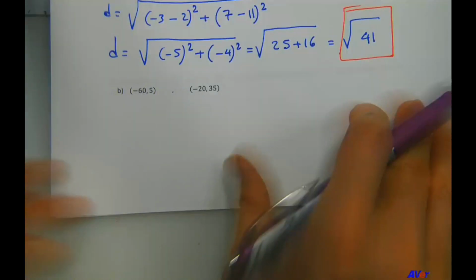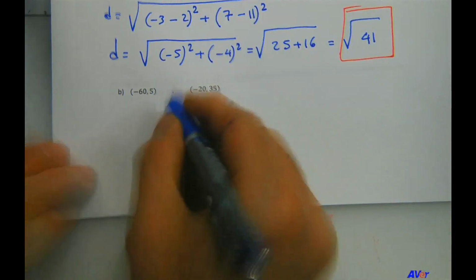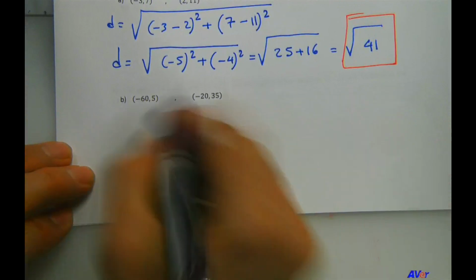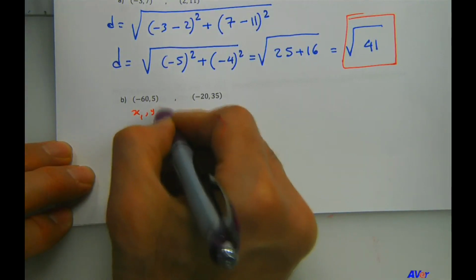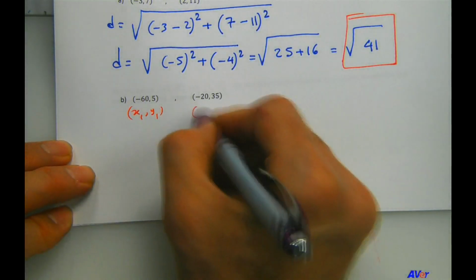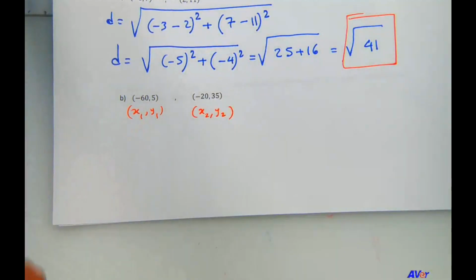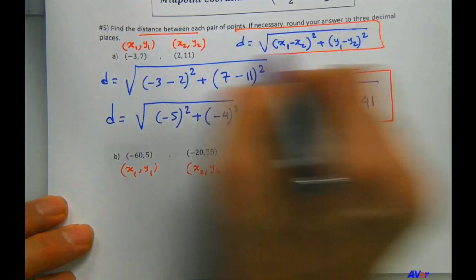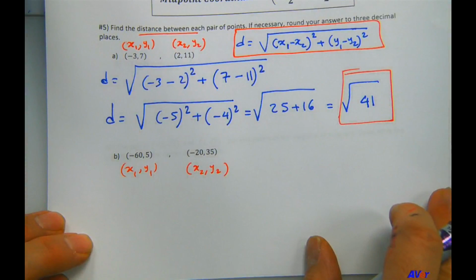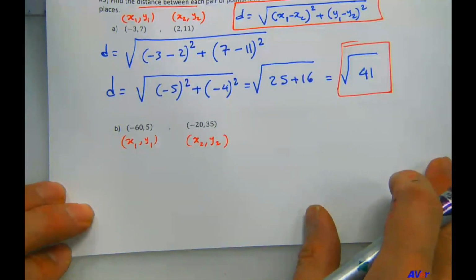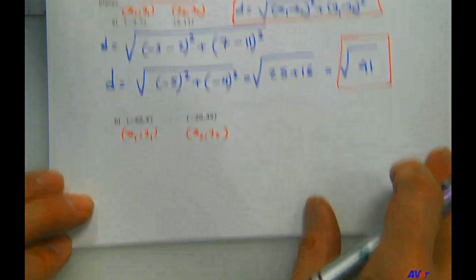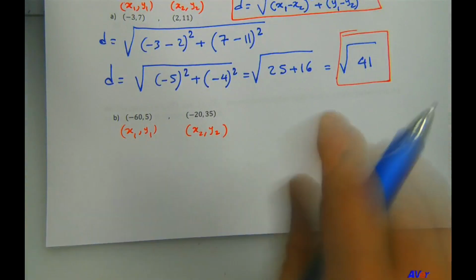Okay, so this one, once again, let's label these x1 comma y1, x2 comma y2, and this is our formula, right? That's our formula right there, the distance formula between 2 points on a straight line. So let's plug in.